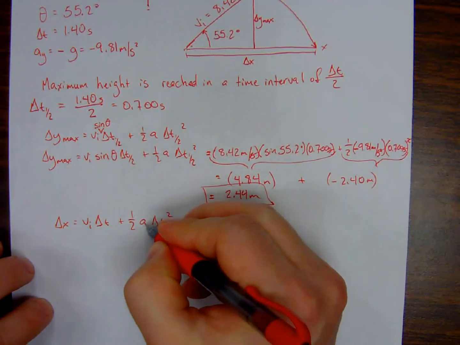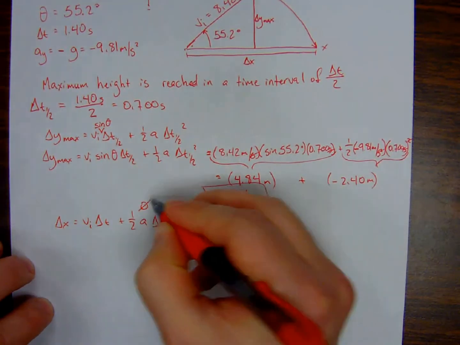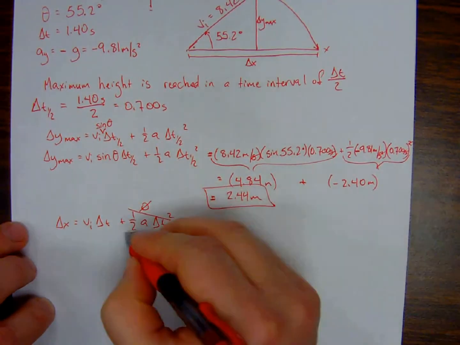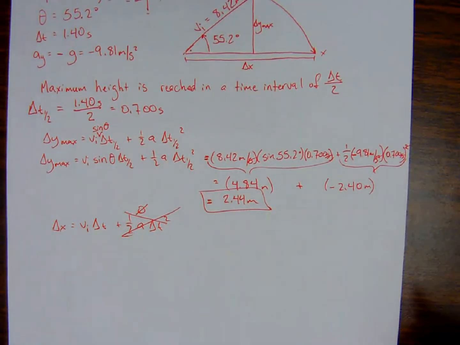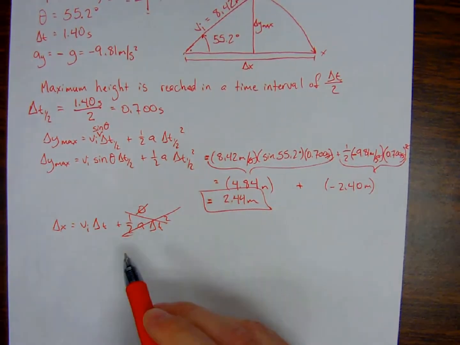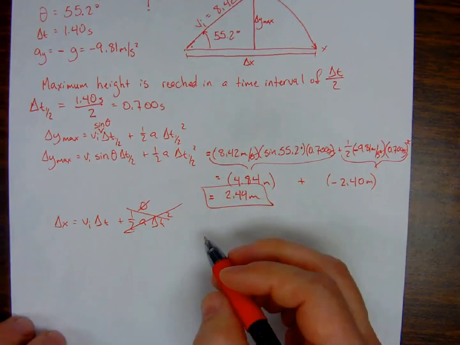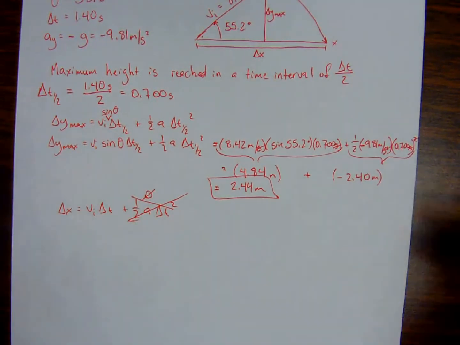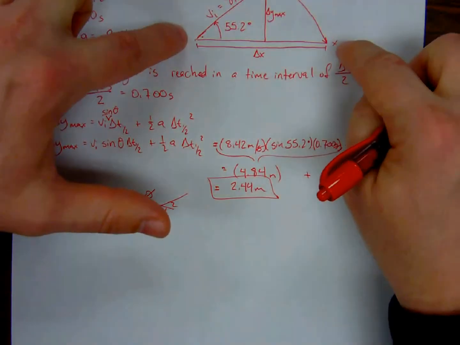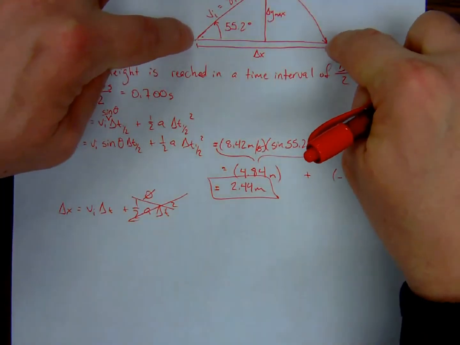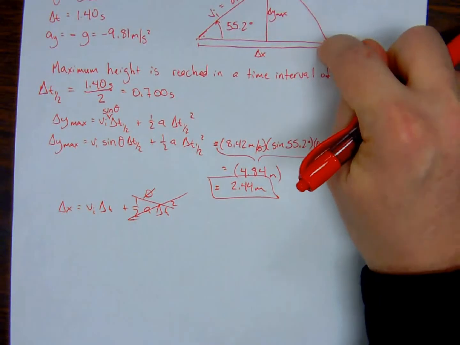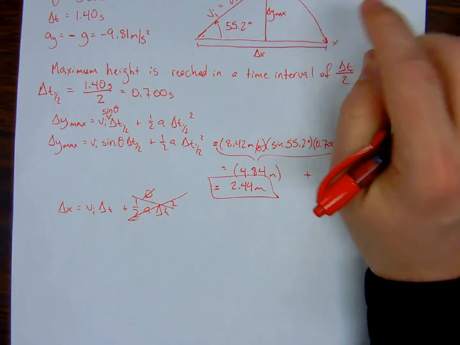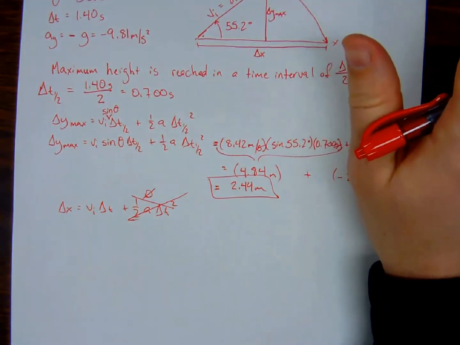So what I have to do is take into consideration that there is an angle, and so the question is, do I use cosine or sine? Well, here's my delta x, here's my angle. This is adjacent over the hypotenuse, so it's going to be cosine. So I'm actually going to drop a cosine of the angle right in there.